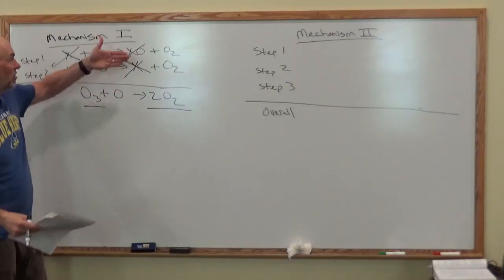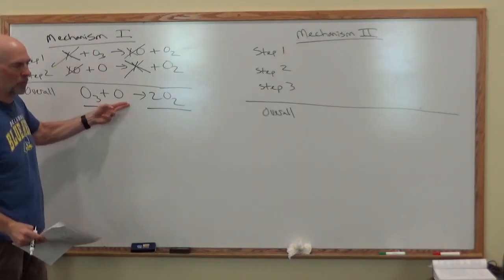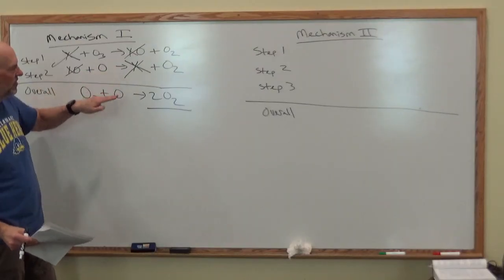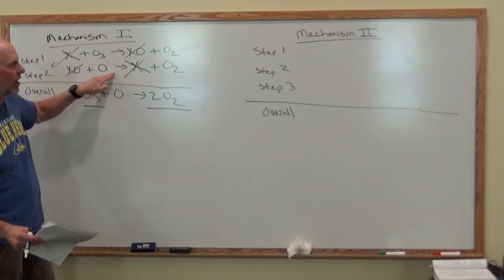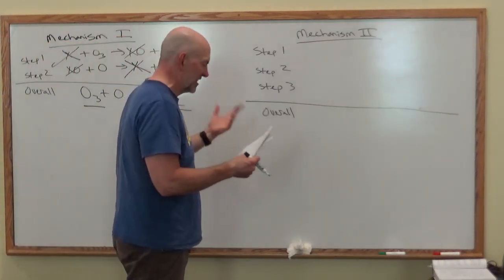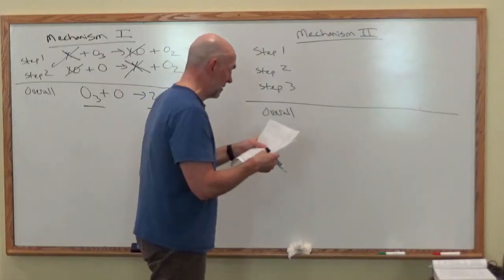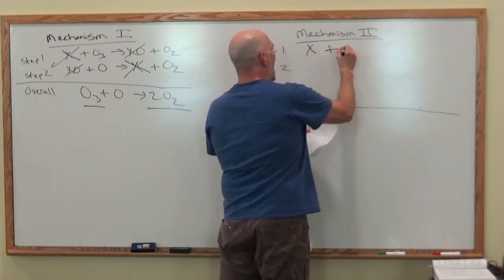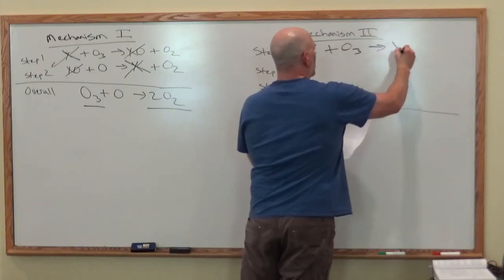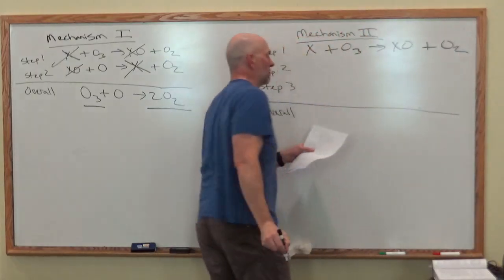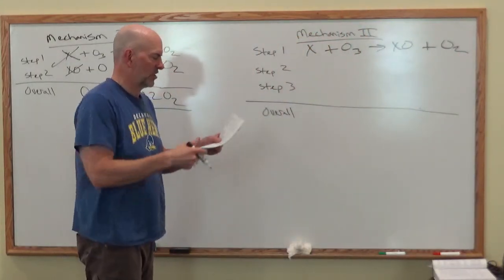But it's really important to understand how those things give us this overall reaction. This doesn't tell us why. This is the end result. This is how you get there. The mechanism tells you that. The second mechanism is a little bit more complicated because it's 3 steps. But the first step, guess what, is the same. The free radical reacts with ozone, produces that intermediate species, and our first diatomic oxygen species.